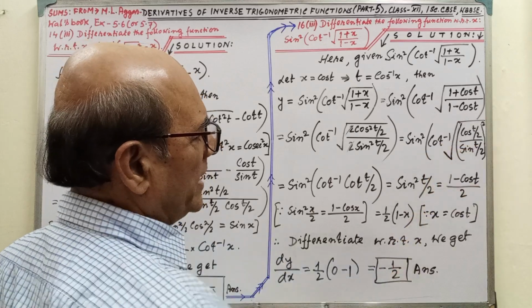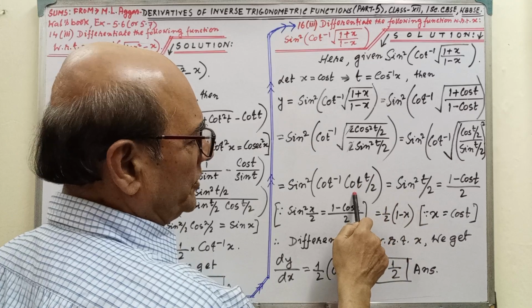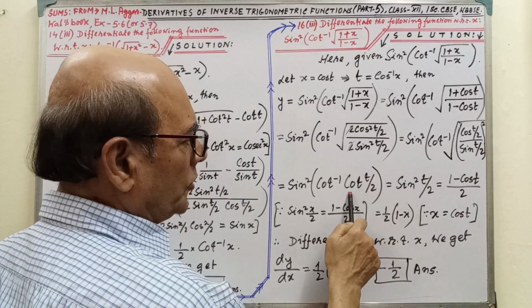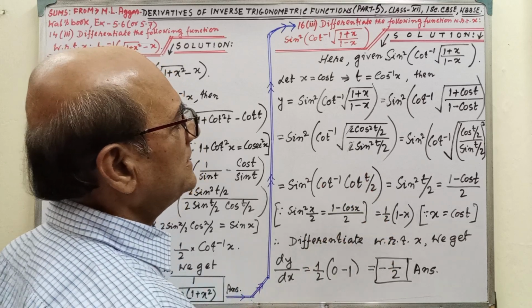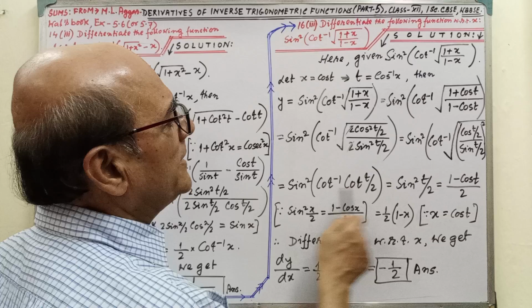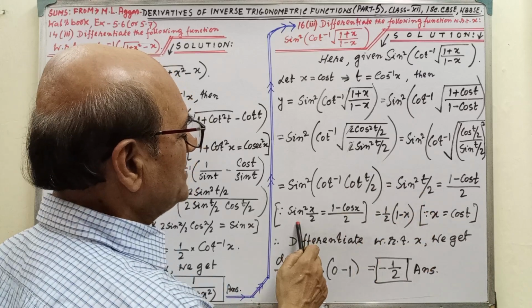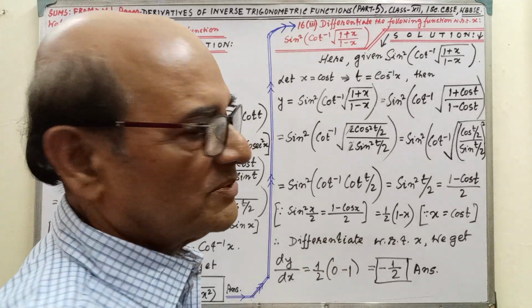Then root and square will be eliminated. Then cos theta by sin theta, that is cot theta. In place of theta, t by 2, so cot t by 2. Cot and cot will be cancelled. Then it will be sin square t by 2. This is also in the frame of a formula: sin square x by 2 equal to 1 minus cos x by 2.